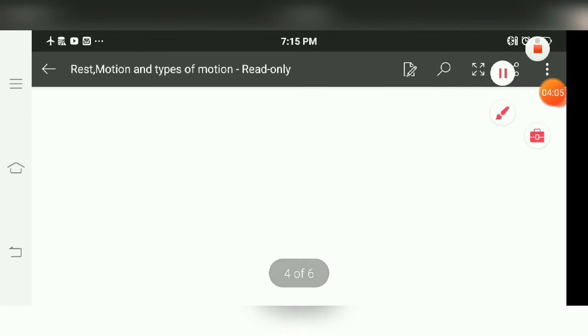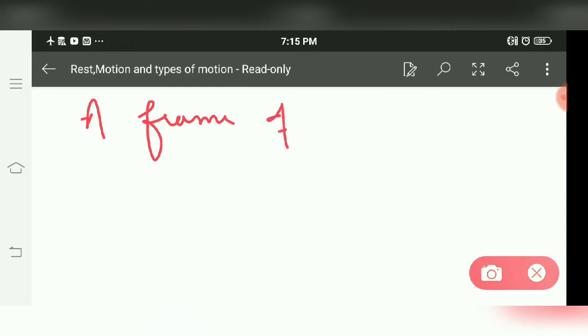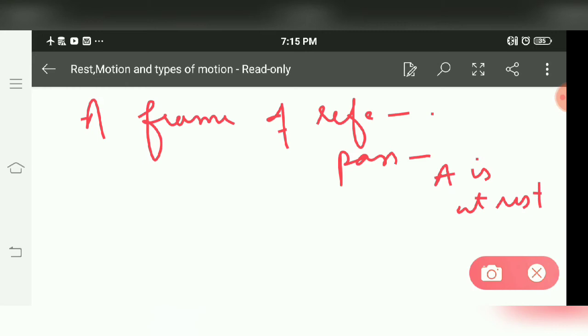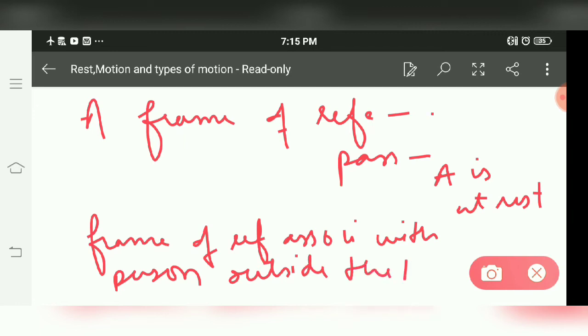So according to the frame of reference associated with the train and passengers, A is at rest. But according to the frame of reference associated with the person standing outside the train, A is in motion.